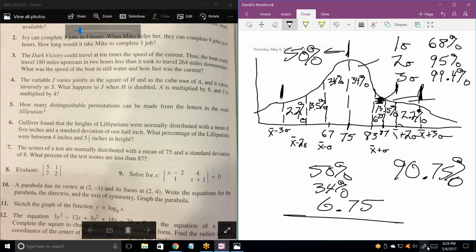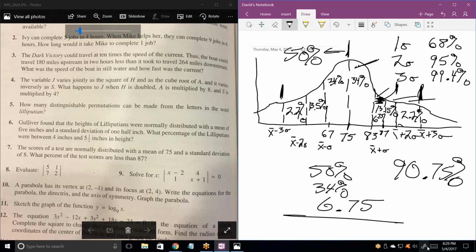Oh, that's nice. I don't even have to show any work. Well, you know what I'm saying. In other words, I don't have to worry about these endpoints. 3 sigma only covers 99.4%, not 100%. However, I do know that 50% of the data is to the left of the mean. So all I have to do is add that section, which is to the right of the mean, and this little tiny section that's between 83 and 87.